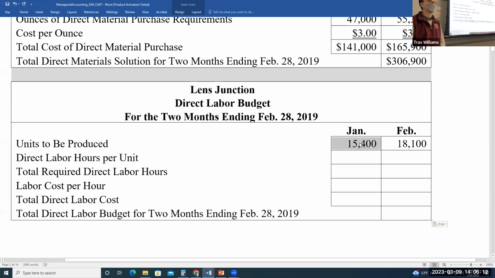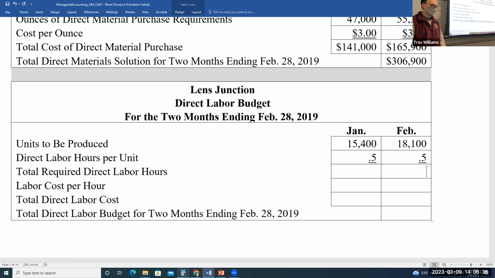So that number from the production budget goes on the materials budget, and it goes on the labor budget, and you'll see it on the overhead budget as well. Okay. How many direct labor hours are there per unit? 0.5, right? Half an hour.